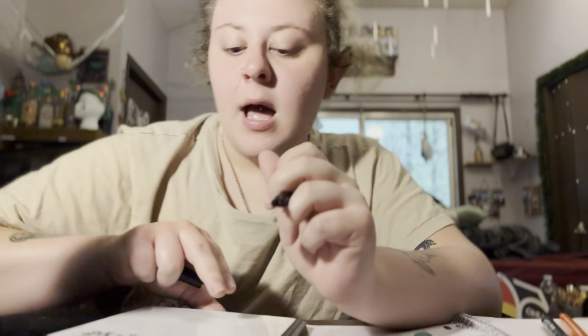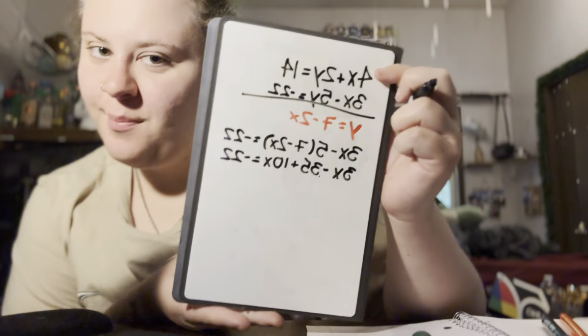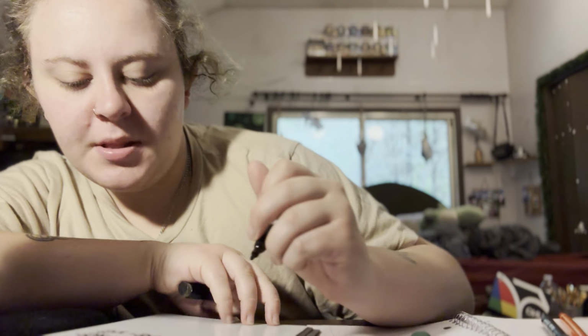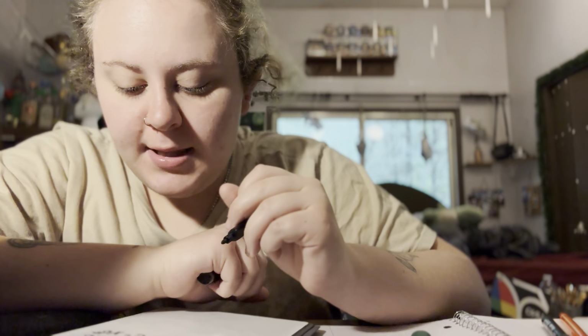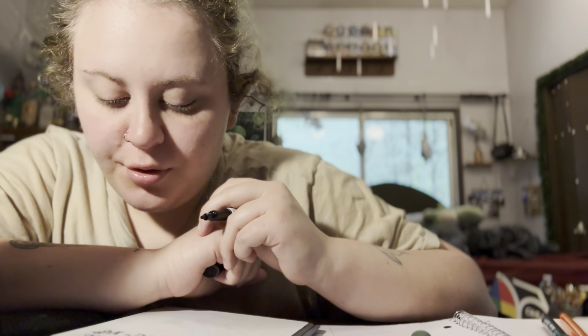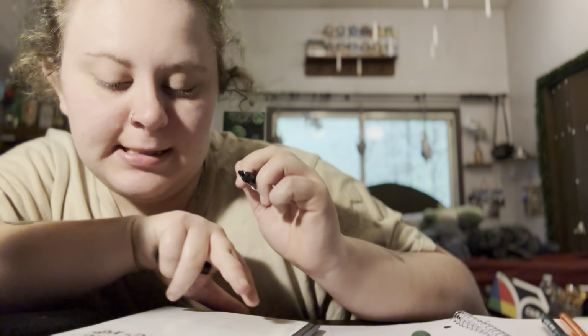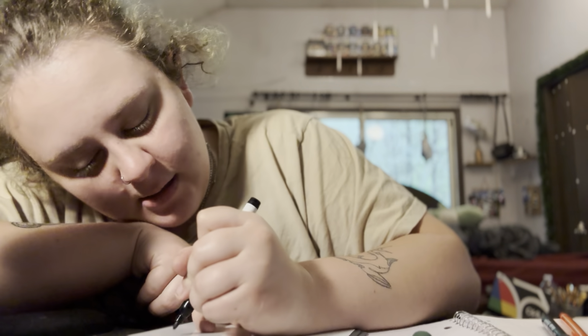Okay, and now our next step, combine like terms. Perfect. You are really getting the hang of this. I'm proud. So, to combine like terms, we're going to add together the 3x plus 10x, which gives 13x. Good job. 13x. And then we are going to add the 35 to the negative 22.